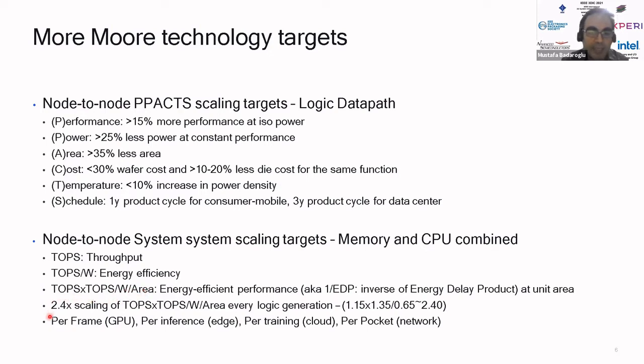And typically on a node-to-node basis, we want to see about 2.4x scaling of this parameter. This can be applied to many things like per frame, per inference, per training, per packet, rather than a data path of a logic, but this is at the system level what matters for a given application.